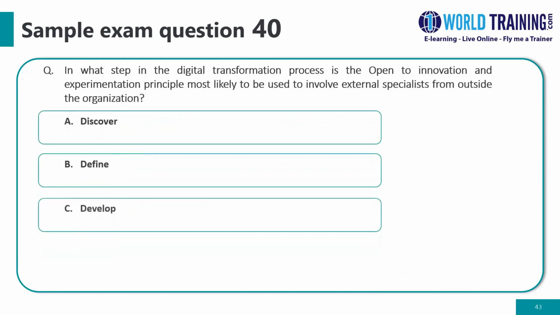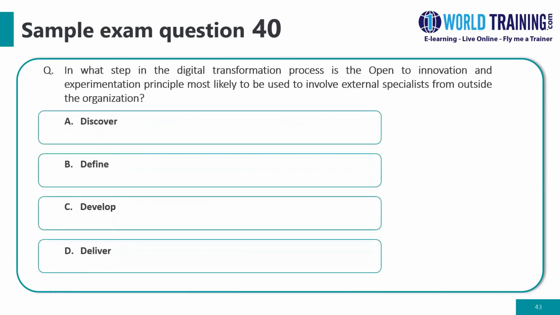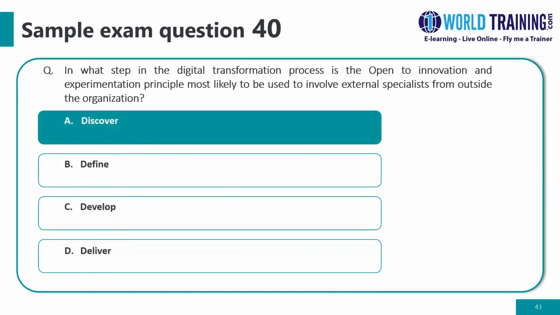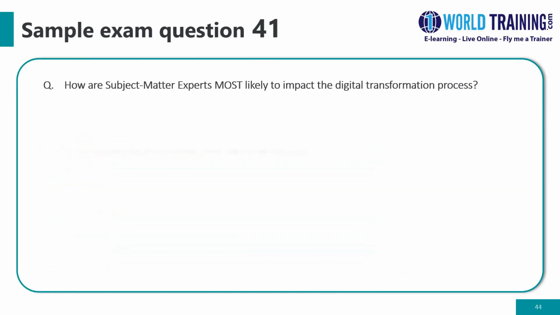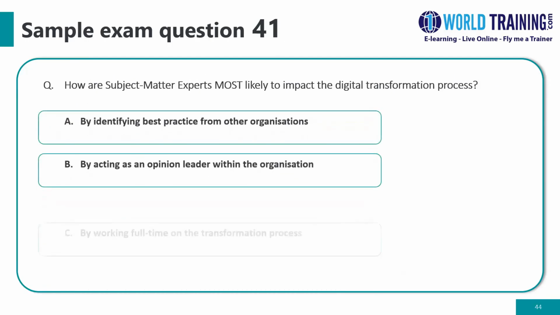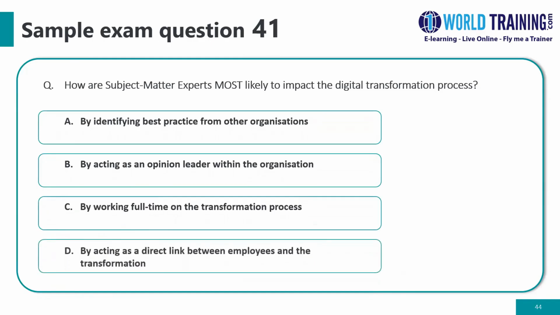Number 40, at what step of the digital transformation process is the open to innovation and experimentation principle most likely to be used to involve external specialists from outside the organization? The answer is discover. Number 41, how are subject matter experts most likely to impact the digital transformation process?